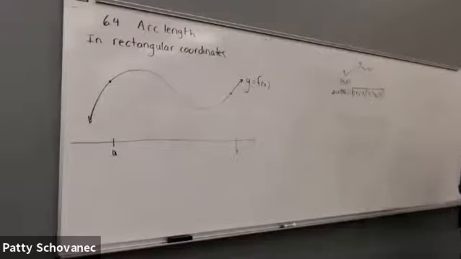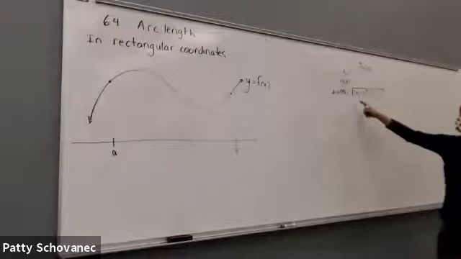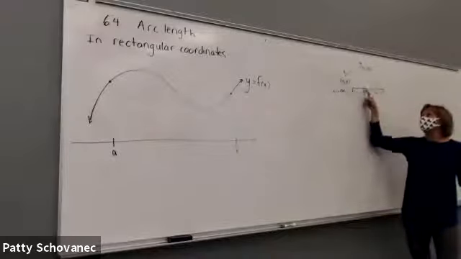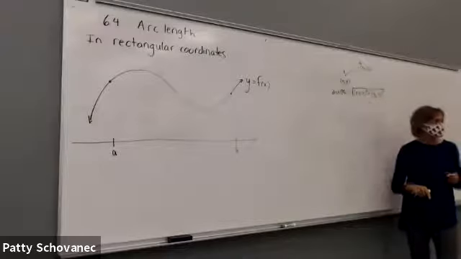The sum of the squares of the legs, right? Find out how long that leg is, square it, find the length of that leg, square it, and that gives you the length of the hypotenuse squared. You take the square root, and there it is. Horizontal leg squared plus vertical leg squared, square root.